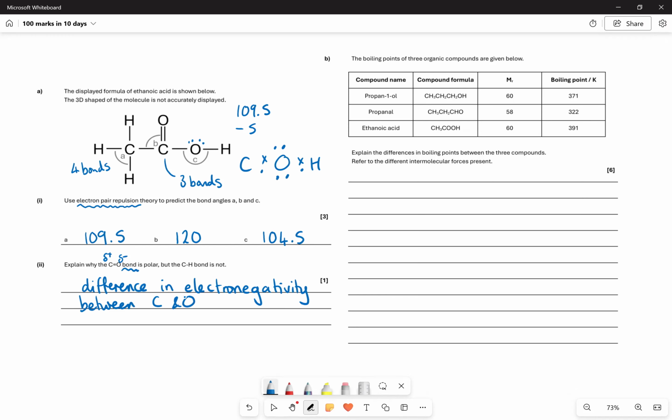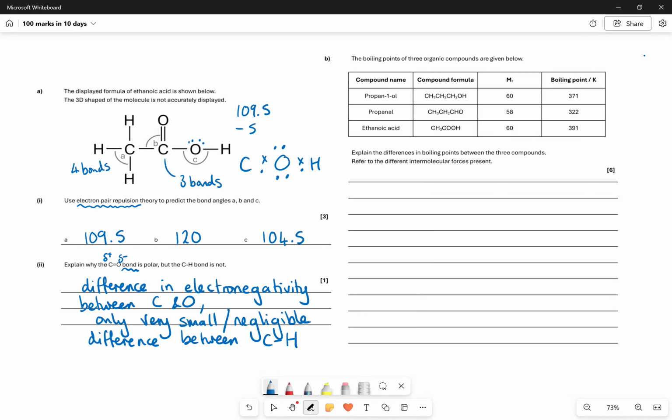Now there is a tiny difference, but there's only a very small, or you could say a nice word that means very small is negligible, if you can spell it, difference between C and H. So C and H, the difference between their electronegativity is only like less than 0.5 on the scale.